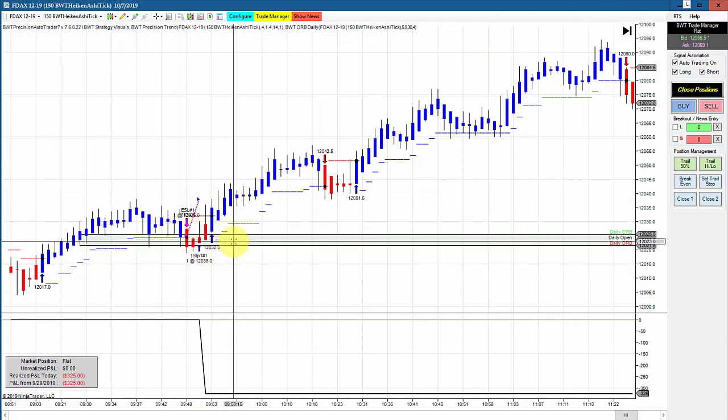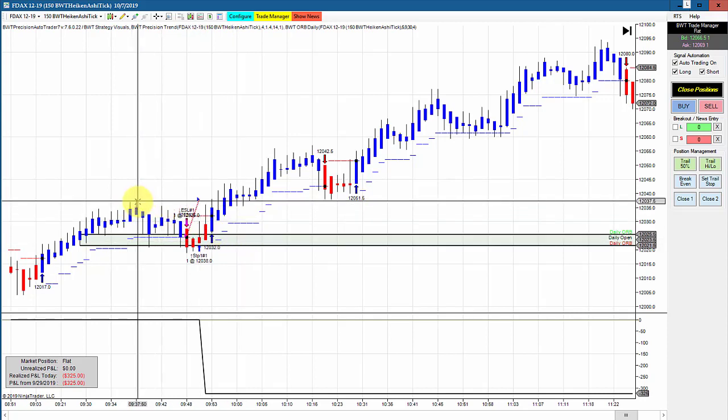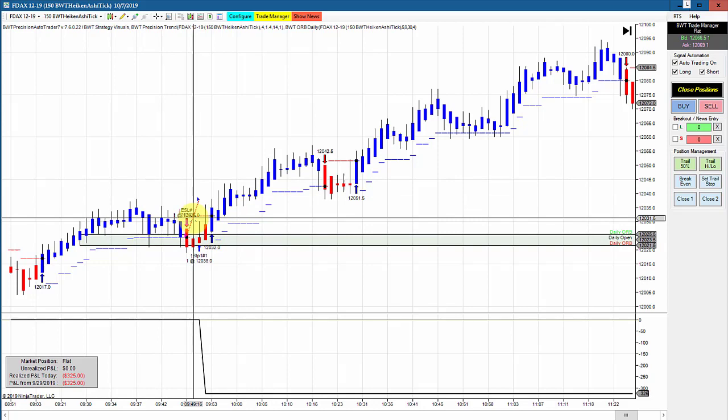We're also going to add that this filter can be used by price instead of time, or both. So if you want to set it at a particular price, long above a particular price, short below, we'll be able to do that.